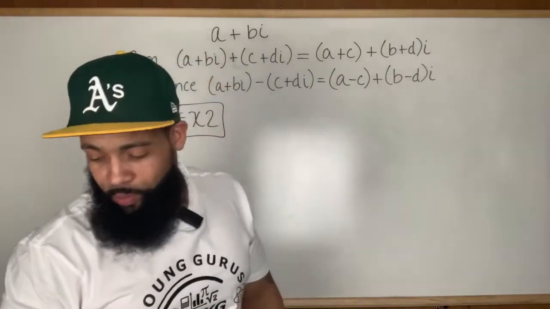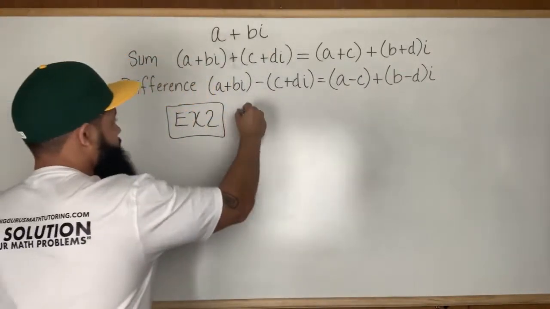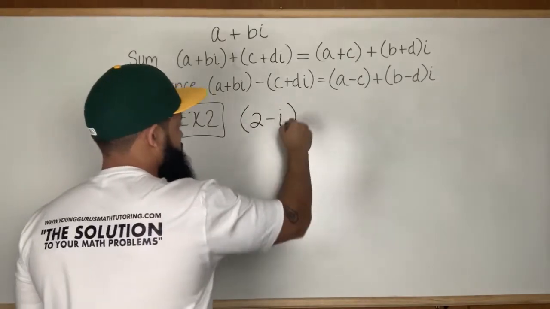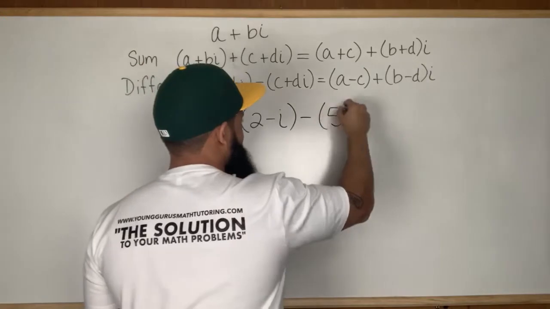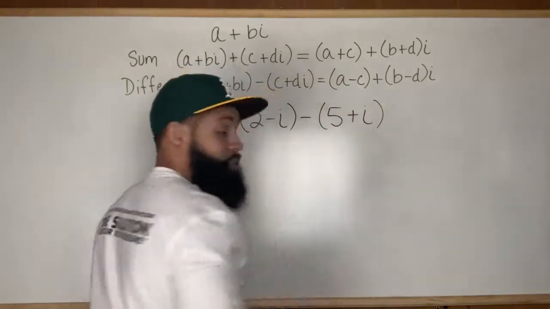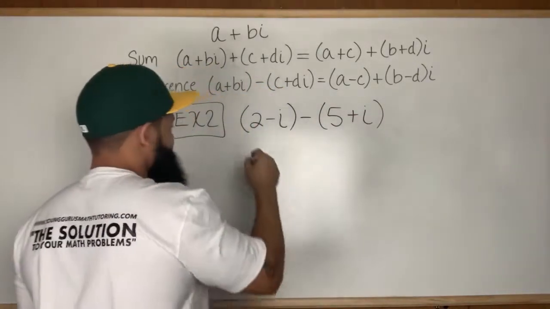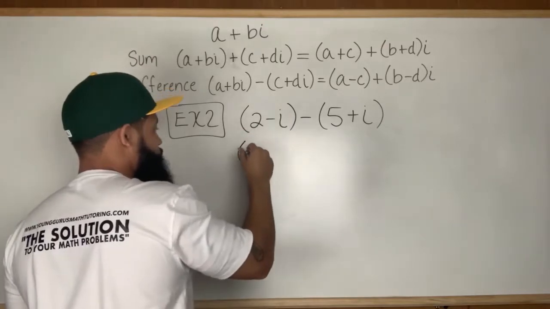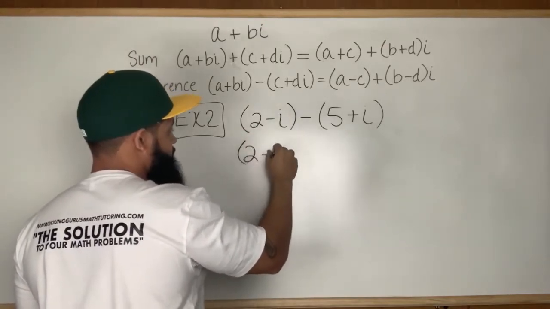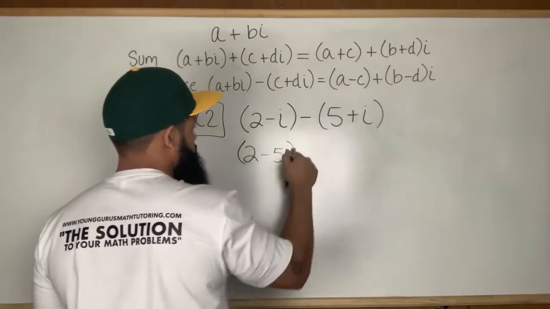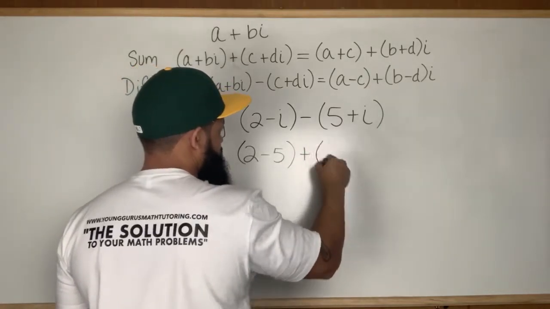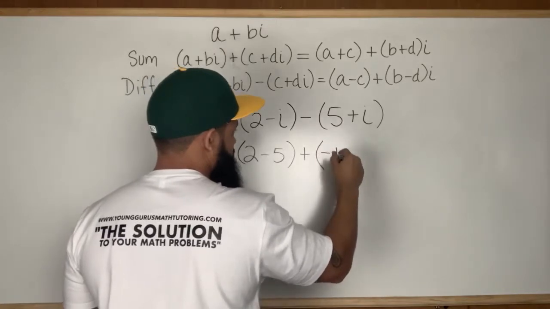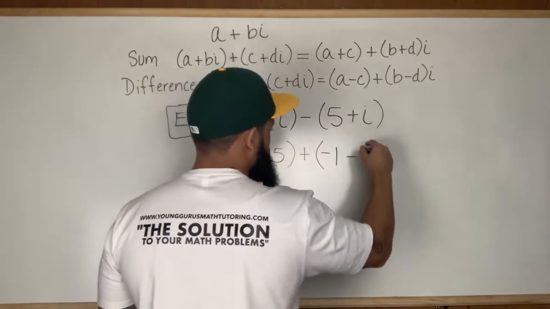So example 2, I have 2 minus i minus 5 plus i. This is going to get weird, man. So I want to take the real parts, so 2 minus 5. Those are the real parts from the complex numbers. And then plus, I want to say negative 1 minus 1.